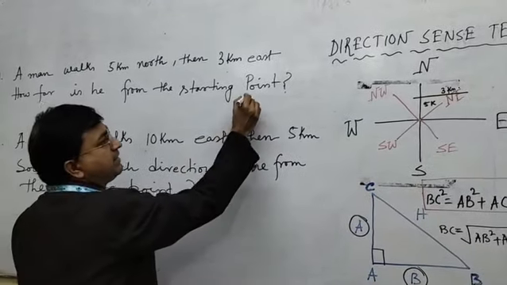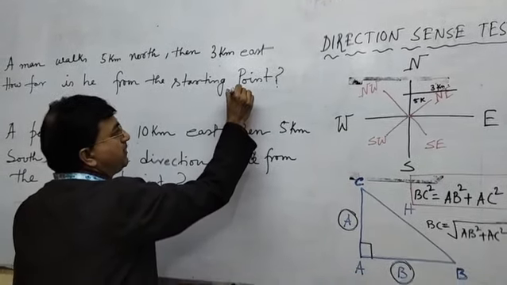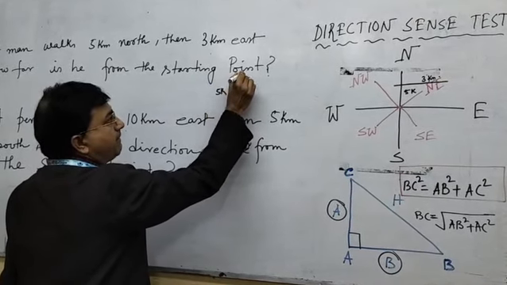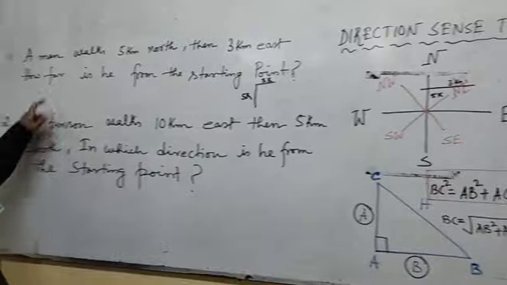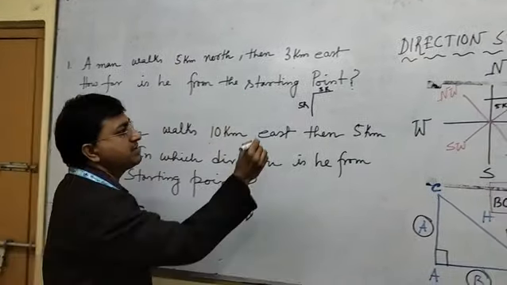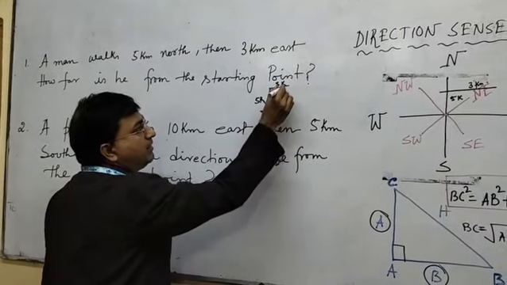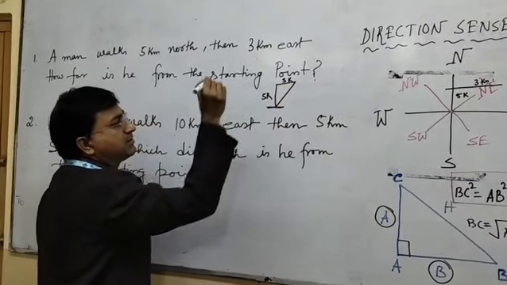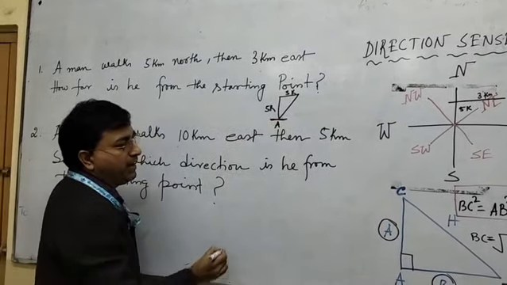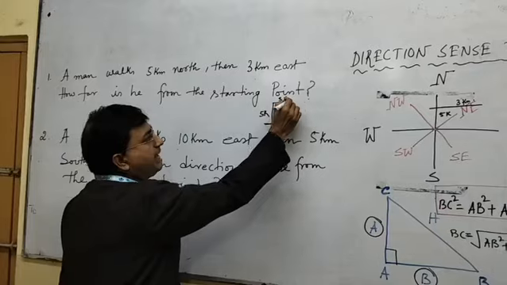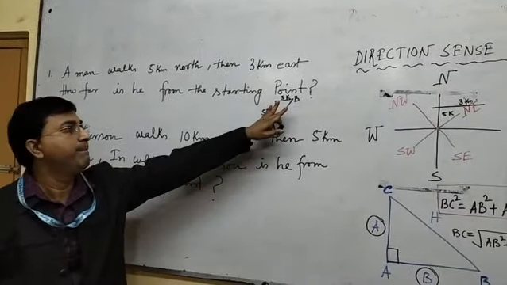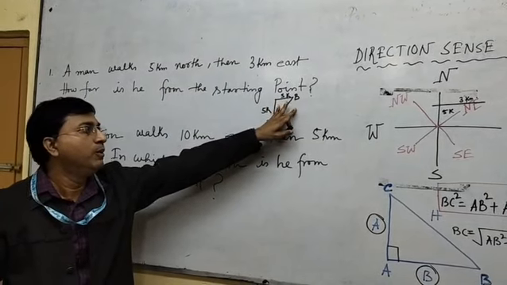If I draw it that way, it is 5 km, then 3 km. Then how far is he from the starting point? So this is the starting point. Now we have to find out this. If we assume the starting point is A, we have to find out the value of AB. Okay? So what to do?